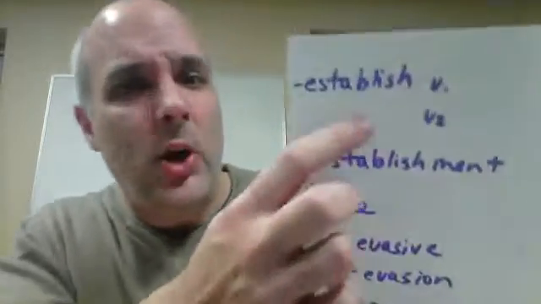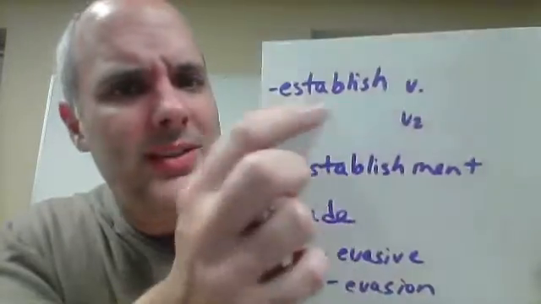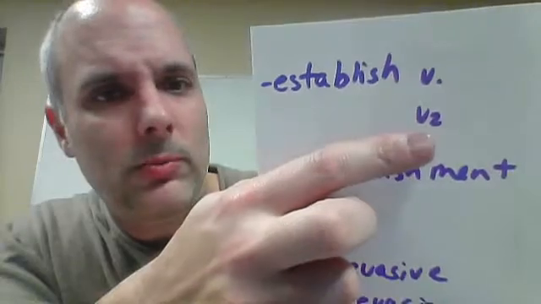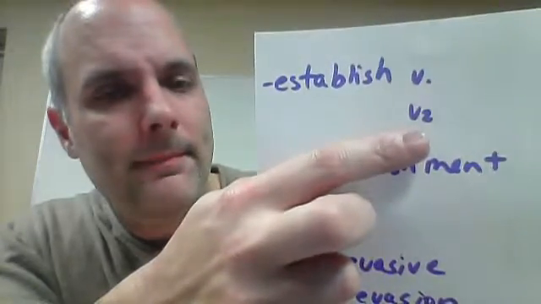We say these two things established that the killer was him. Okay? Here it just means that this plus this, and now we know what is true. Establish the truth of something. So it's a little bit of a harder meaning. So verb number 1, establish, means to start. Number 2 means that you're showing something to be true.